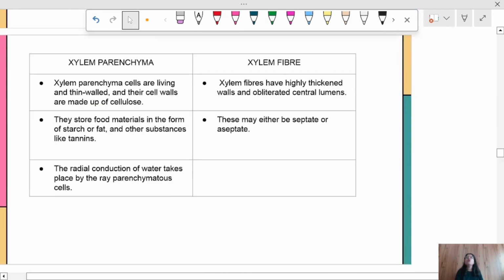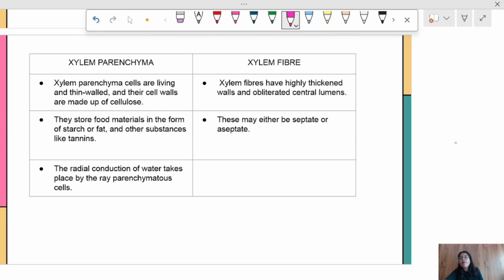Now, along with these two cells, you also have xylem parenchyma and xylem fiber. What's the work of xylem parenchyma over here? This is the only living cell, first of all, in the xylem tissue. Only living cell. Xylem parenchyma cells are living cells, thin walled, made up of cellulose, right? Xylem fiber, on the other hand, has a thick cell wall. Obliterated central lumen means no central lumen.